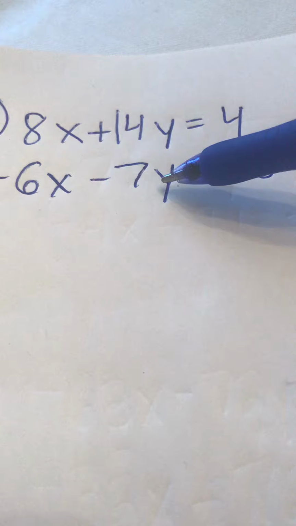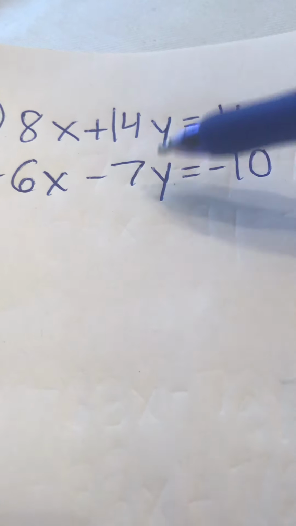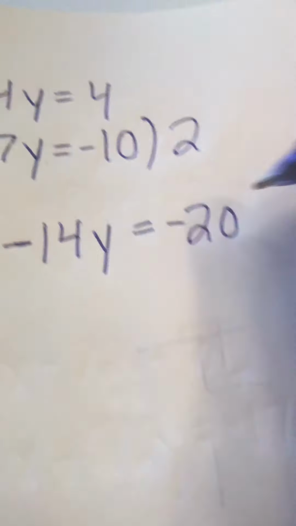How do we get a negative 14 here? Well, we multiply by 2. We double it. So if we double, we have to double the whole equation, okay? So we get negative 12x minus 14y equals negative 20.